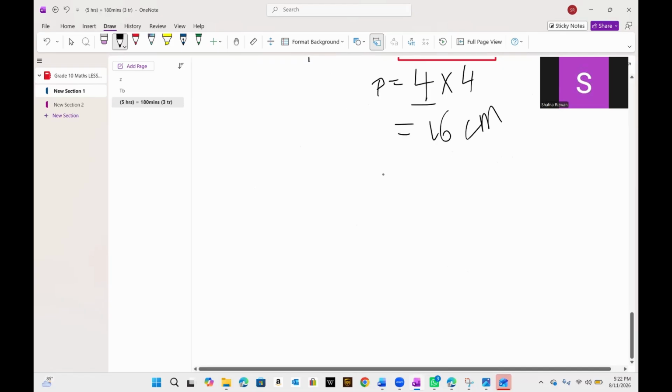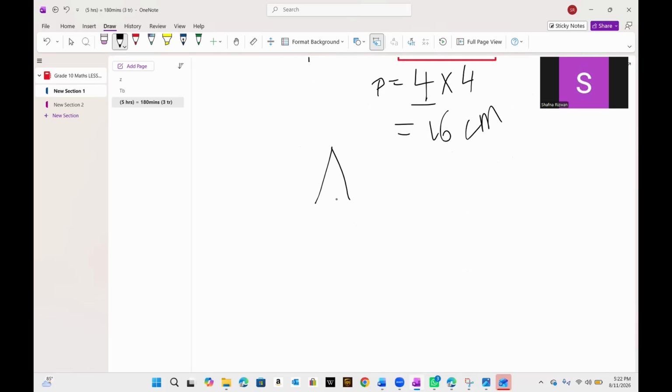Now again, let's go through the third closed figure, which can be your triangle. When it comes to triangles, there are three types of triangles, guys.